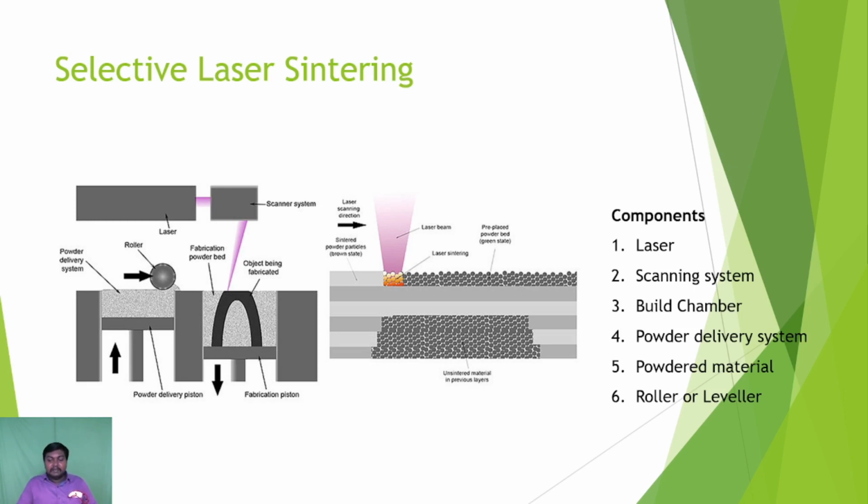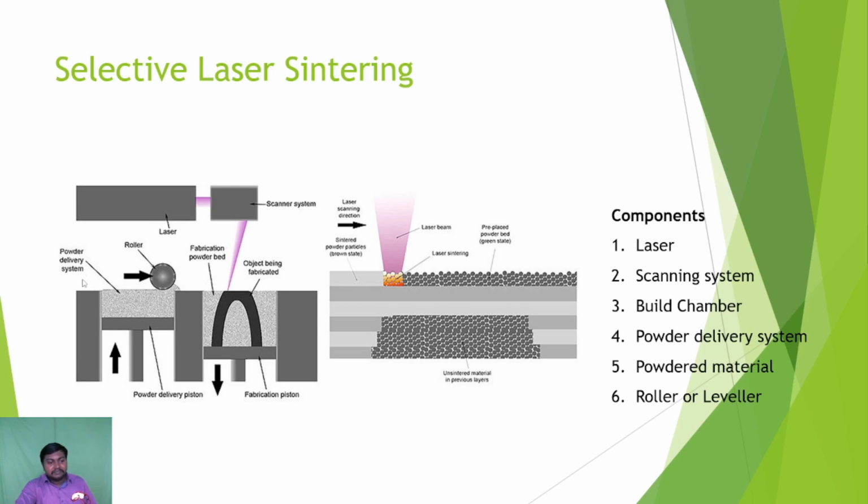First, we can see in the diagram, the laser is projected on the scanning system, and the scanning system moves in the XY direction, and it will focus on the powder bed.